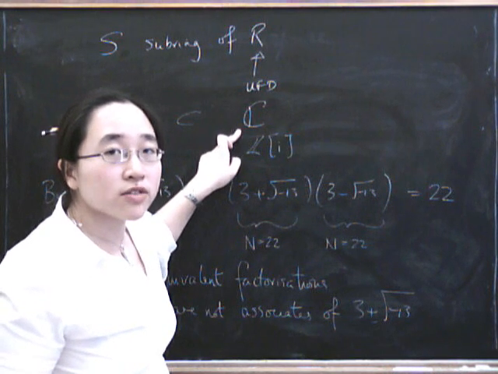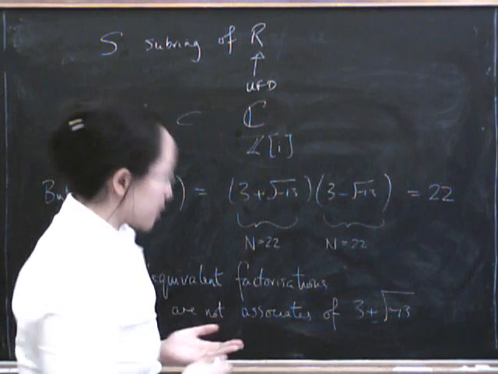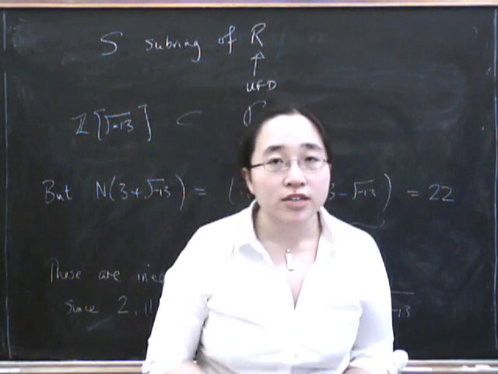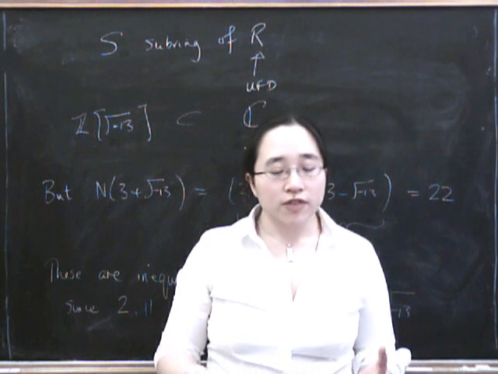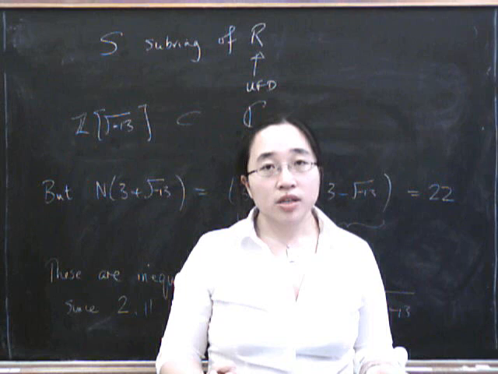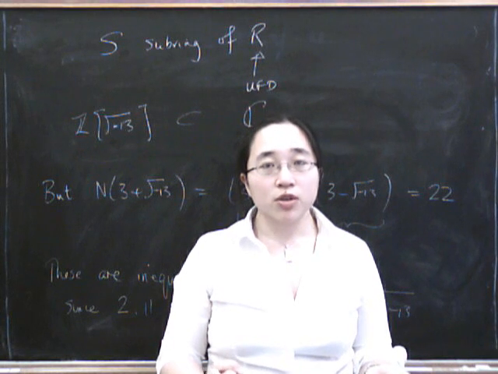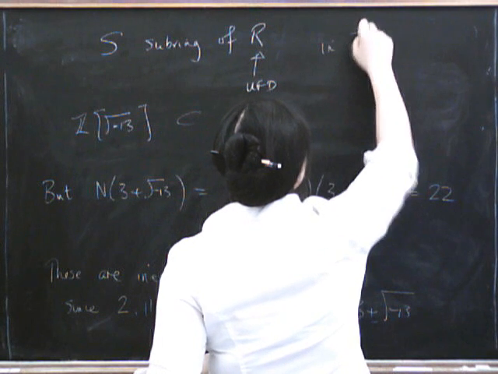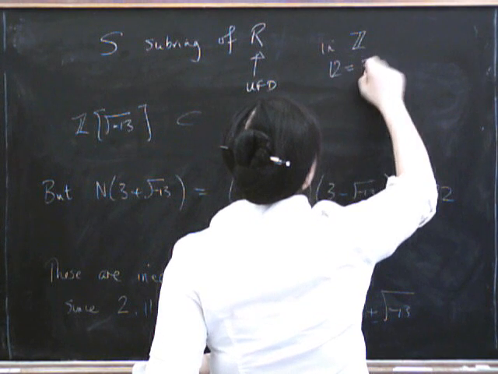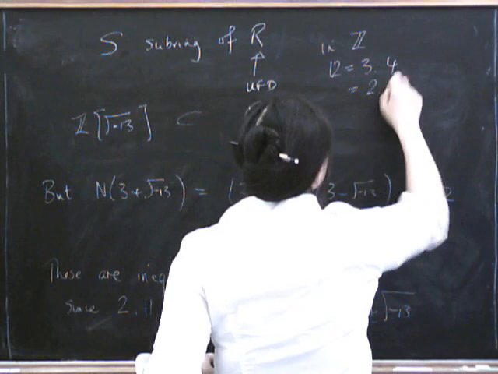So those factorizations did both live in the big ring, but they weren't factorizations into irreducibles, so it didn't count as a non-unique factorization. So if you think about it, in the integers we have unique factorization into primes. For example, in Z, 12 equals 3 times 4, but also equals 2 times 6.